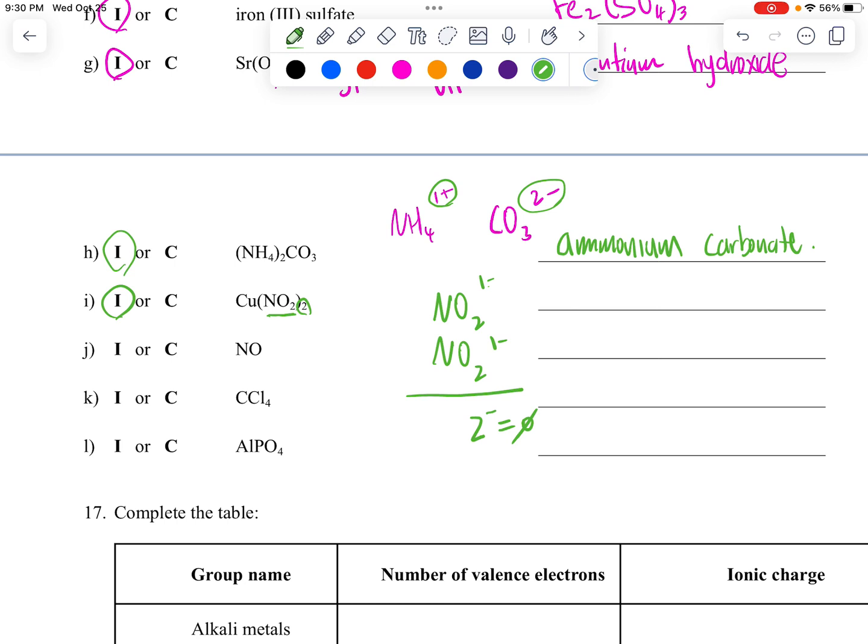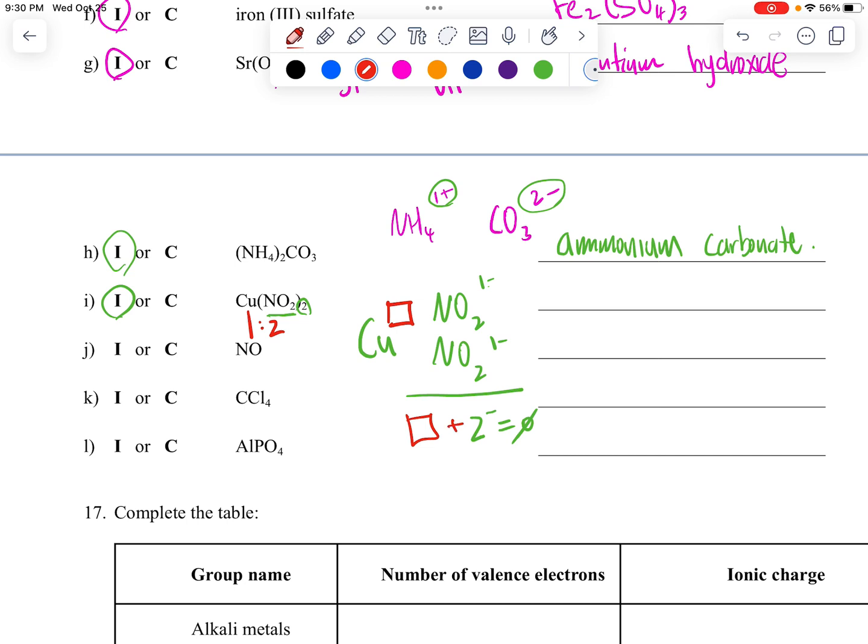Now, if I add the 2 minus charge with the charge of this one Cu, I'm going to go ahead and draw in a red box. There's only one Cu, copper, because it's combined in a 1:2 ratio. So this copper, whatever the charge of that, it must make this 2 minus a 0.